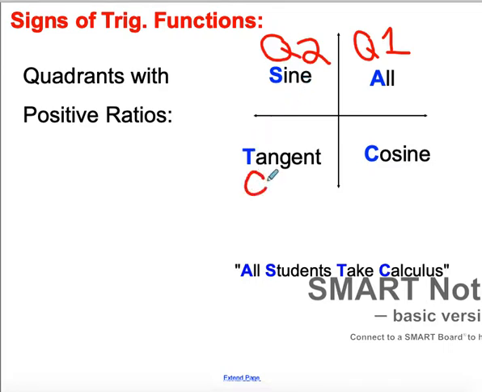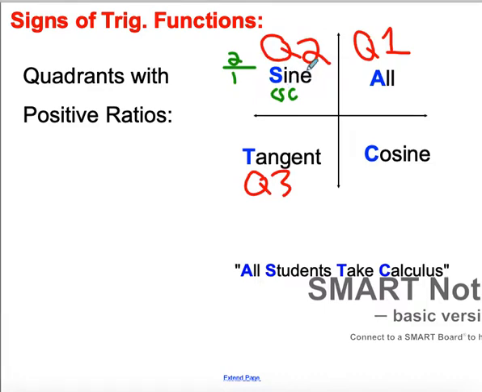In quadrant 3, tangent is going to be positive. All the others in quadrant 3 will be negative. Well, it is important to clarify. If sine is positive, if you have a positive fraction, and the reciprocal, which would be cosecant, that would also be positive, right?